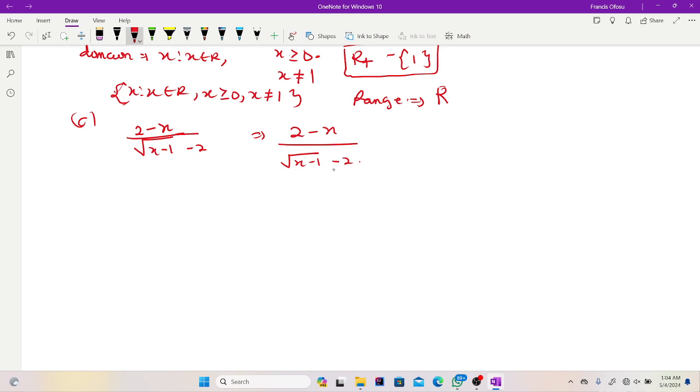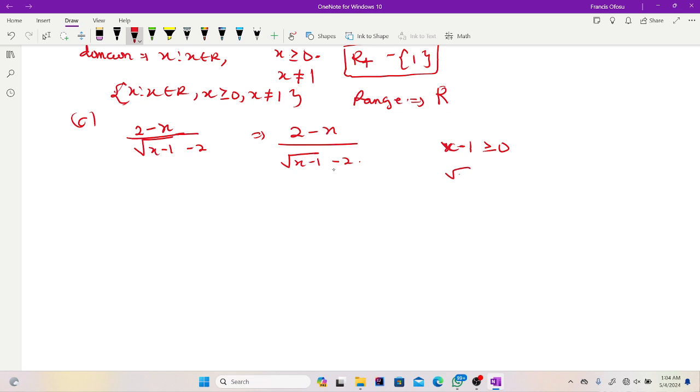So what is the domain of this function? We always focus on the denominator. So for the denominator, what values of x will make this denominator undefined? You realize that under the square root sign, we shouldn't have a negative number, and as well the whole expression here shouldn't be 0. So x minus 1 should always be greater than or equal to 0, right?